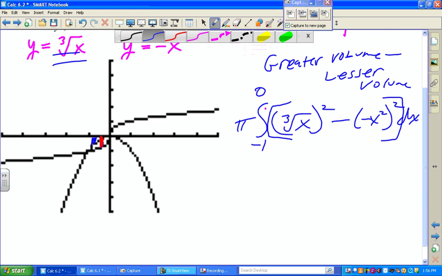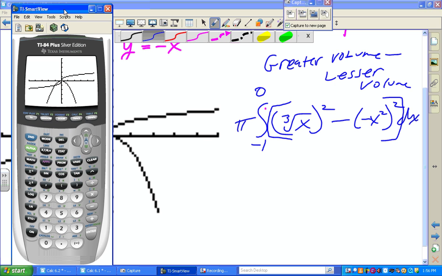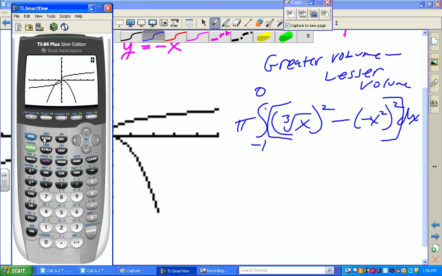Let's see if it works. Second, integrate. Which one do I have as y1? The cube? Minus the other function squared, from -1 to 0.